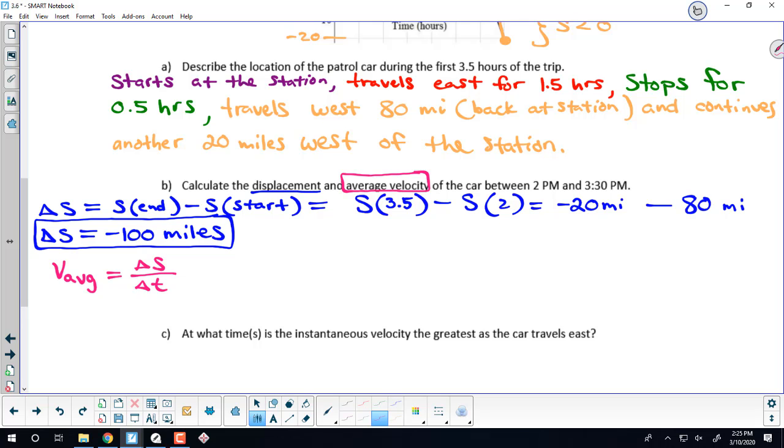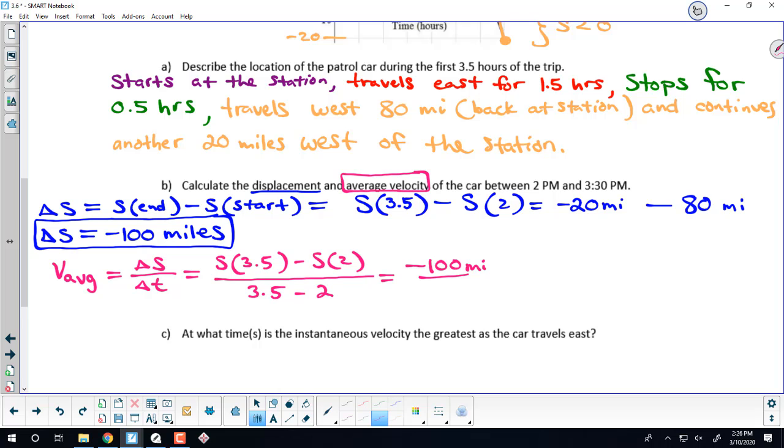So we already have the change in position from 2 to 3:30. We just calculated that, right? That's S of 3.5 minus S of 2, divided by the change in time, 3.5 minus 2. So we know that top came out to be negative 100, and again, our units for this one were miles.